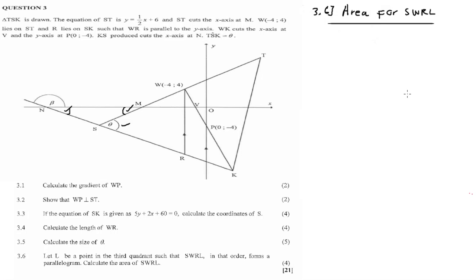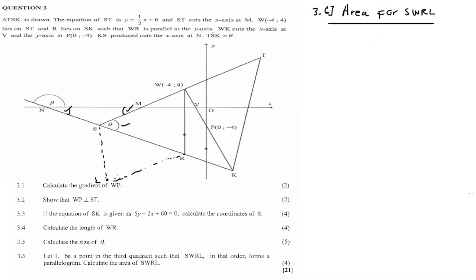Okay, 3.6, area of SWRL. Now point L is in the third quadrant, such that a parallelogram is formed, SWRL.